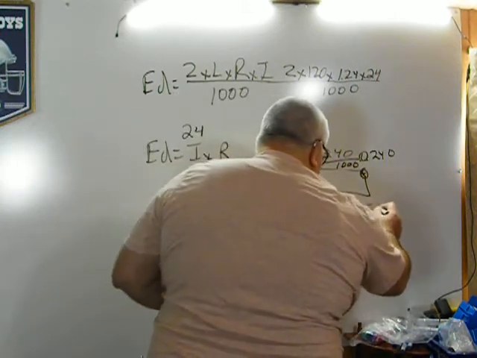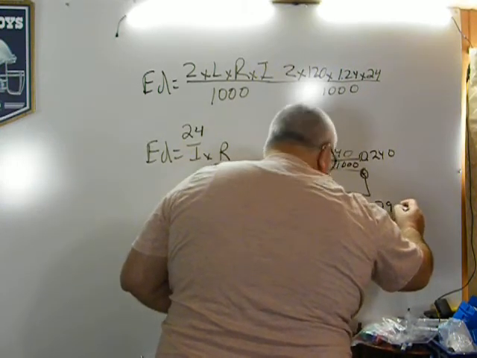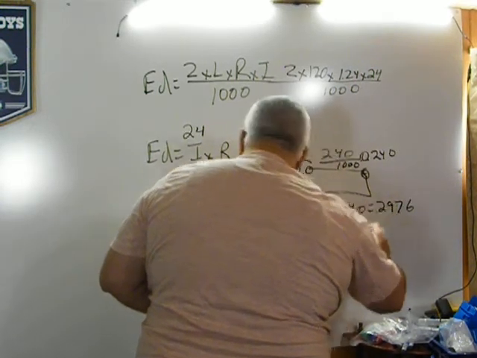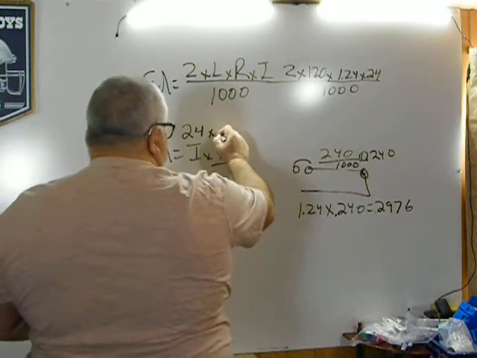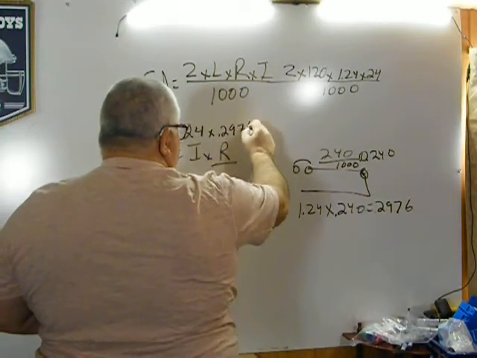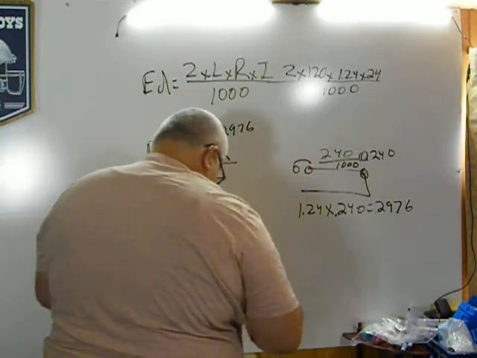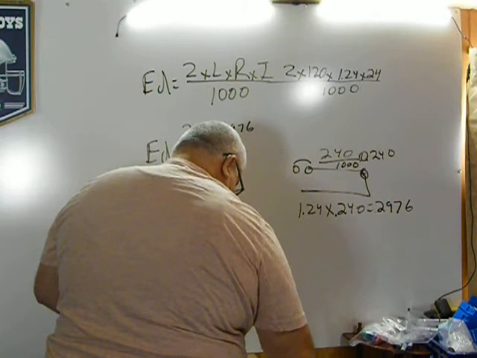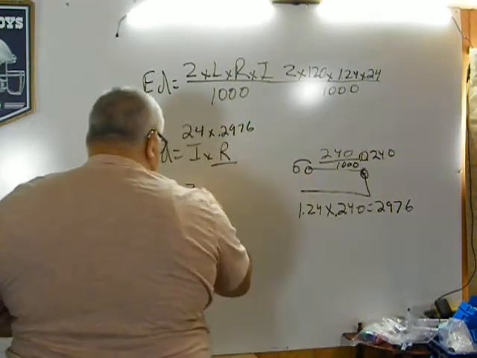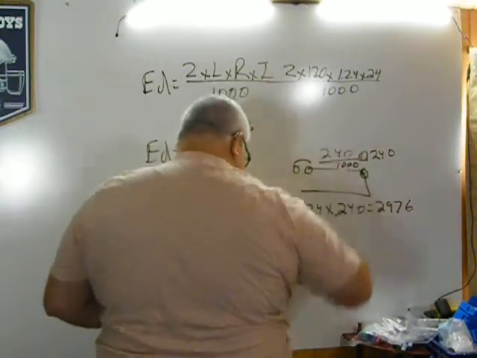So it equals 2,976. Now I have R, and that's 0.2976. ED equals 7.1424. I do that up there.